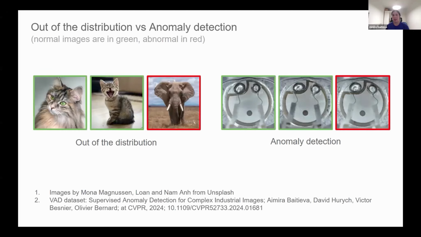And tiny is the important part. Overall, the image can look normal, especially at first glance, and this is the main difference from the more common out-of-distribution task. I guess everyone can see why the elephant is out of distribution on the left, but on the right, the problem is the tiny crack at the bottom of a normal image. I think it's much less obvious.